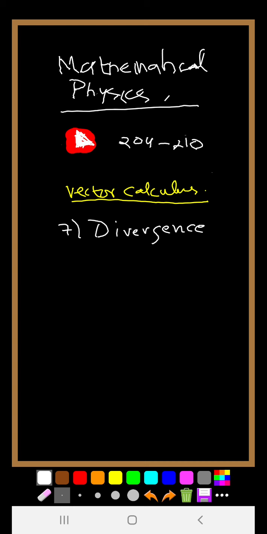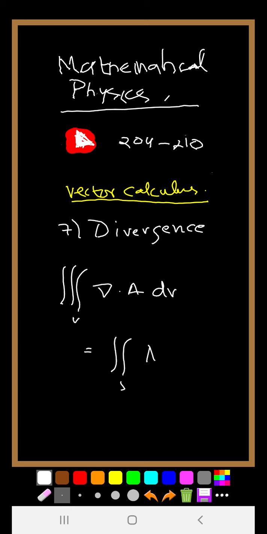According to the divergence theorem, the volume integral of a divergence is equal to the surface integral of the normal component of a vector. So it's how a volume integral is now being reduced to a surface integral. So this is a volume integral and this is a surface integral.